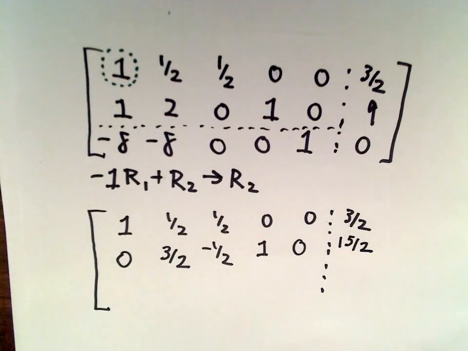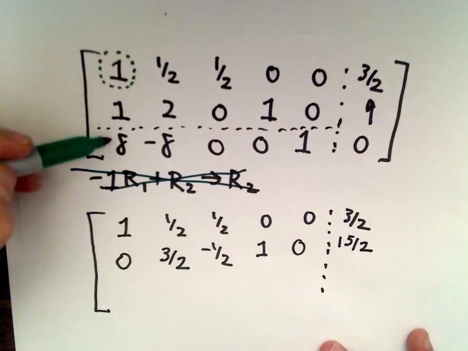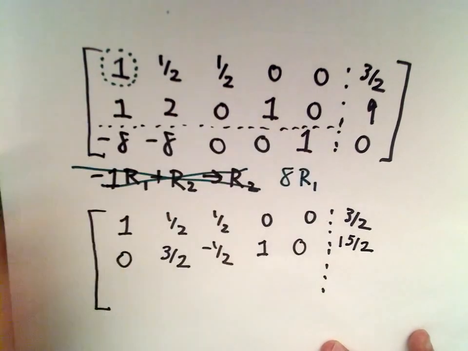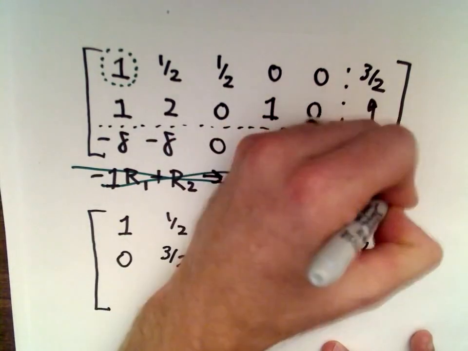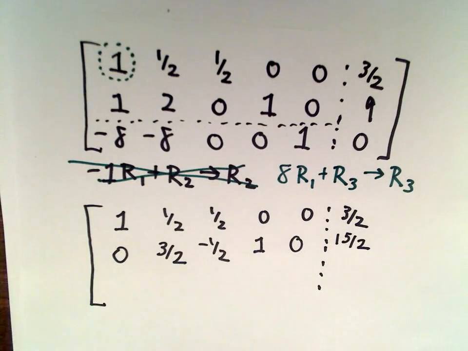Okay, so that took care of this row operation. To get a 0 in the bottom left corner, I would have to take 8 times the first row, add that to row 3, to get my new row 3. That's my next step here.